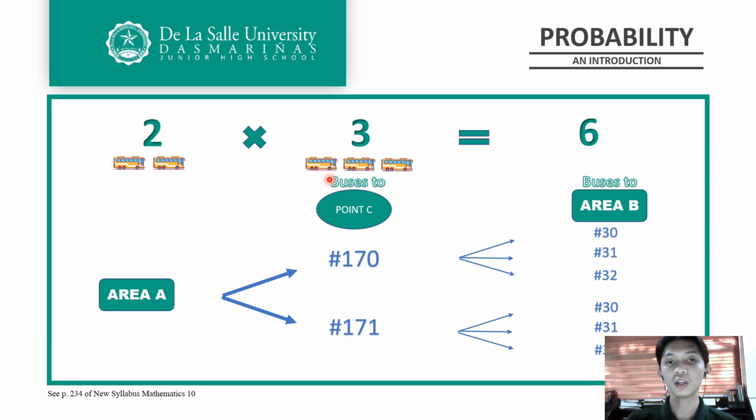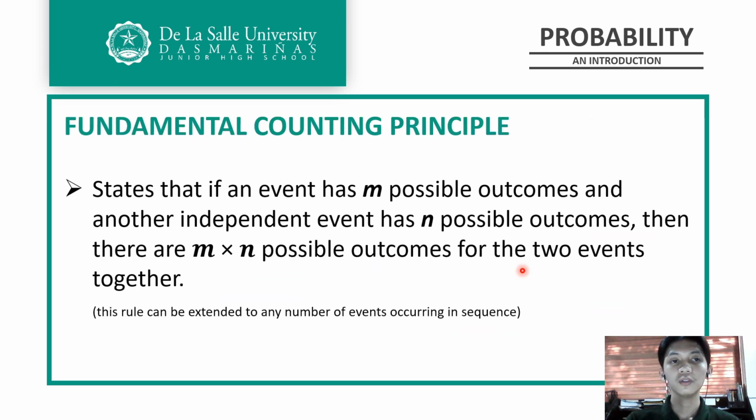So as you can see, we can just simply multiply the possible outcomes from this part of the experiment and the possible outcomes from the second part of the experiment or situation. This will lead us to our final way of counting the possible outcomes, which is the fundamental counting principle.